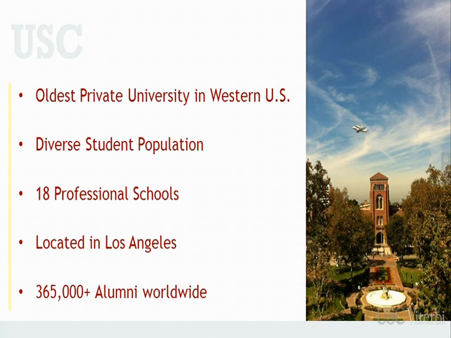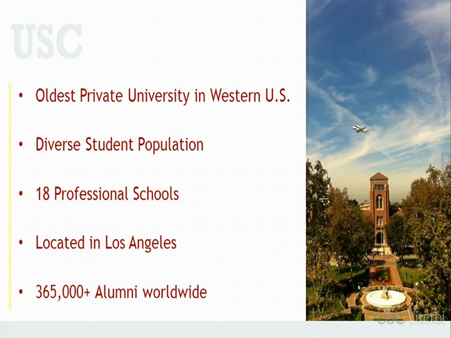We have 18 professional schools at USC, so that includes everything from medicine to business to policy and even our new school of dance. And our engineering school is actually one of the largest and one of the oldest of the schools on the USC campus. USC is located right in the heart of Los Angeles, so we are about 2 miles from downtown LA.